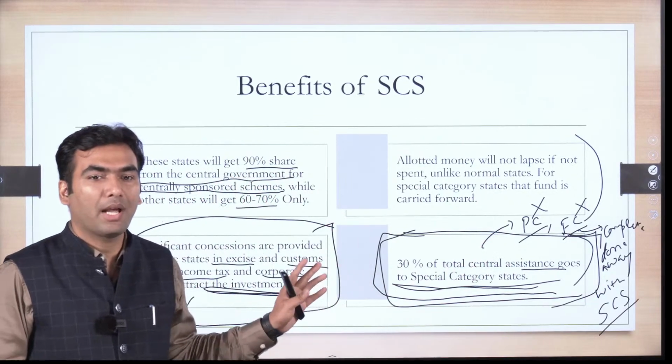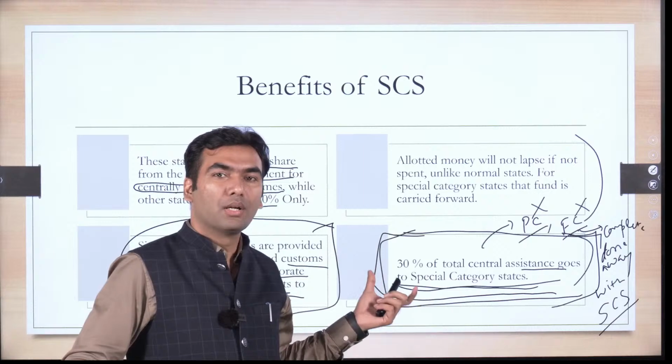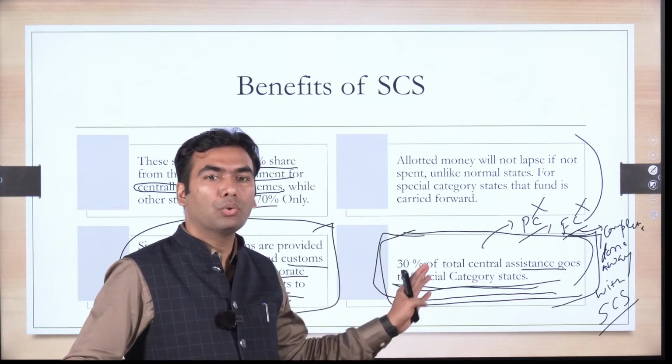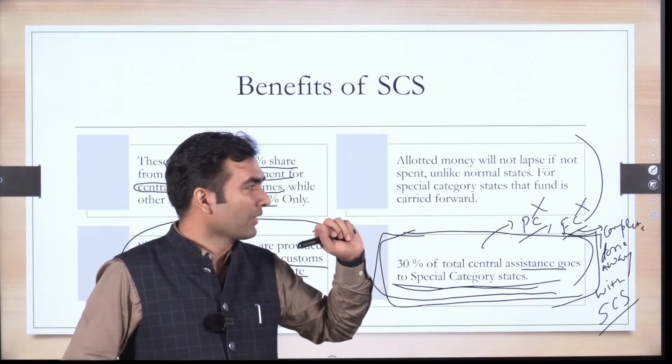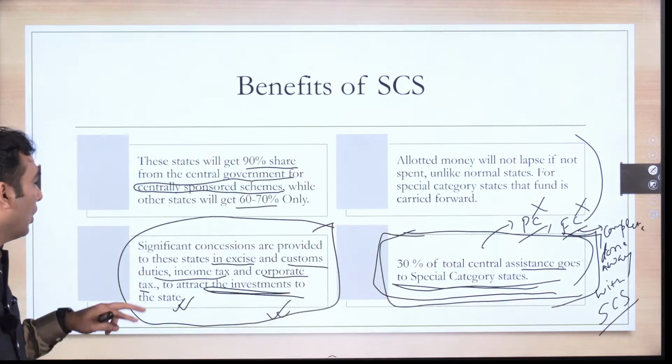The Planning Commission made this rule that 30% of total planning expenditure will go to special category states.